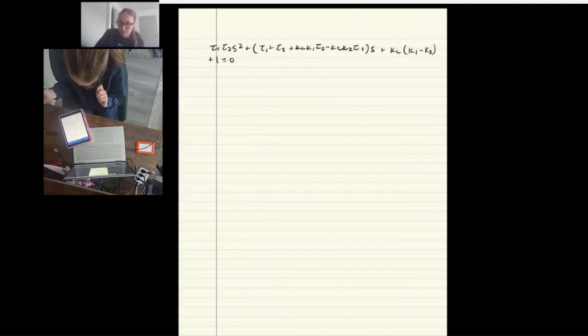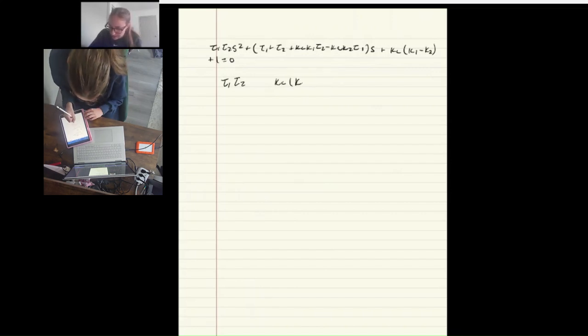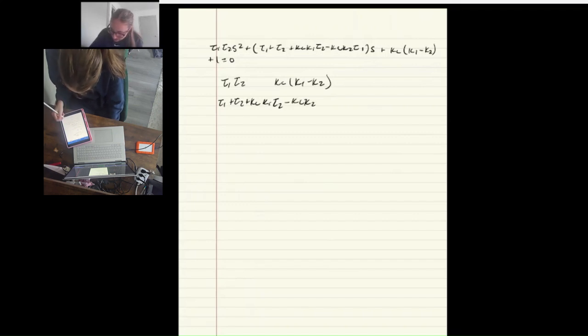With our Routh analysis, we have tau 1 tau 2, then Kc times K1 minus K2 plus 1, and then we have tau 1 plus tau 2 plus Kc K1 tau 2 minus Kc K2 tau 1, and this is 0 over here, right?